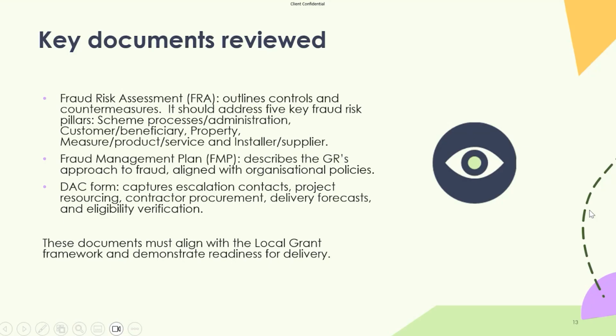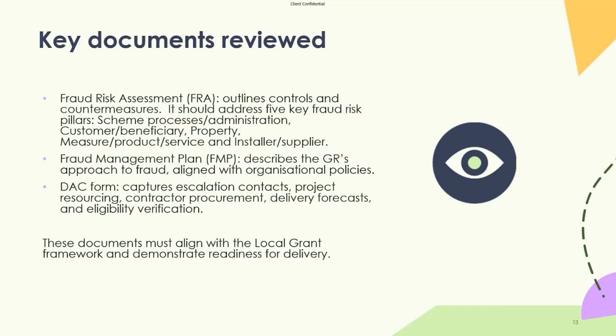Key documents and preparation guidance include essentially the documents that RISE would be reviewing. There's a fraud risk assessment, which essentially identifies 5 key fraud risk pillars, of which there are several examples also provided, but typically these are scheme processes, administration, customers, beneficiary, and properties, which could include identifying or verifying whether a property actually exists or not.